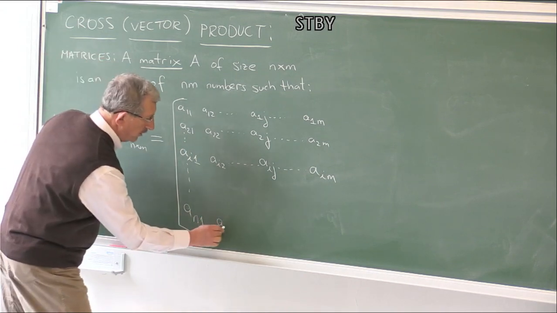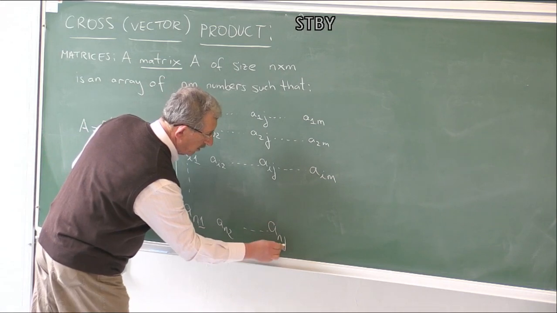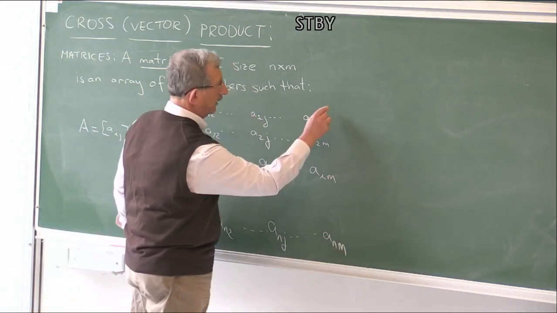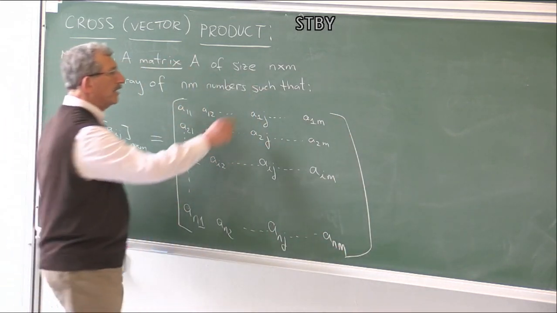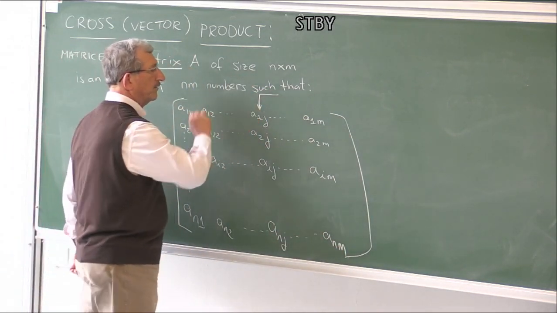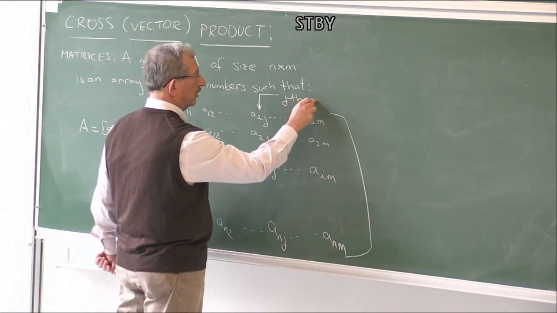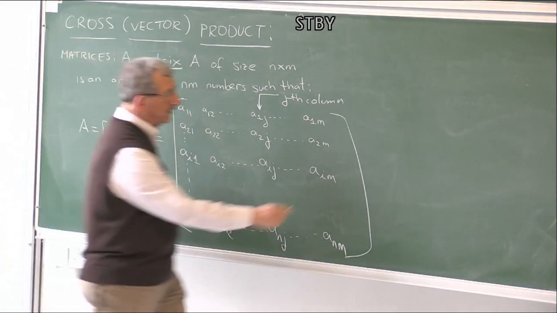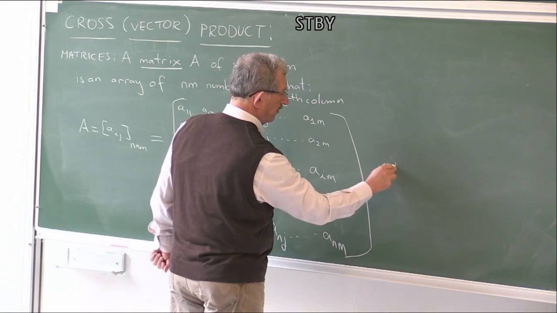rows. Here, this is the jth column. And this one is the ith row.